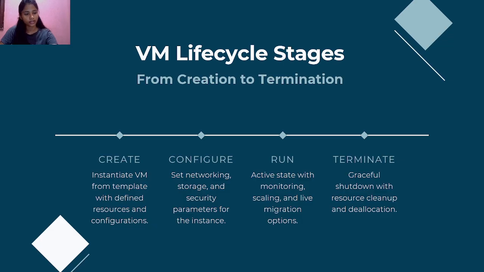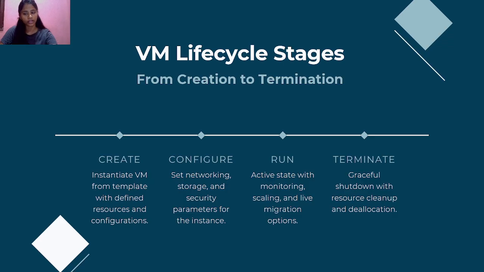This includes virtual machines can be moved between servers for load balancing and maintenance. So, this includes create, configure, run, and terminate. Create includes the instantiate VM from template with defined resources and configurations, and configure sets networking, storage, and security parameters, and then run is the active state with monitoring, scaling, and live migration.